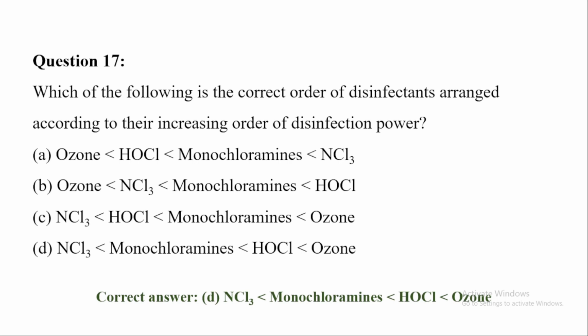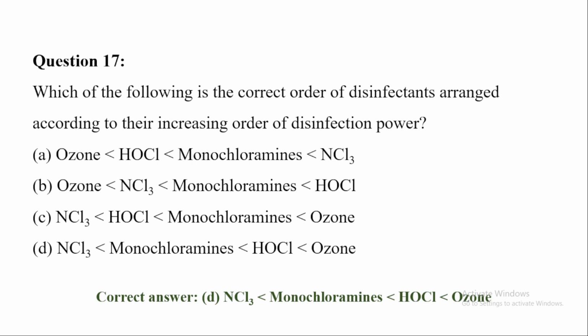So O3 breaks into O2 plus O. That nascent oxygen is a very strong oxidizing agent, and it can remove organic matter by oxidizing it, as well as kill microorganisms. It can destroy the cell wall of the microorganisms in order to disinfect the water. So ozone is the most powerful disinfectant.